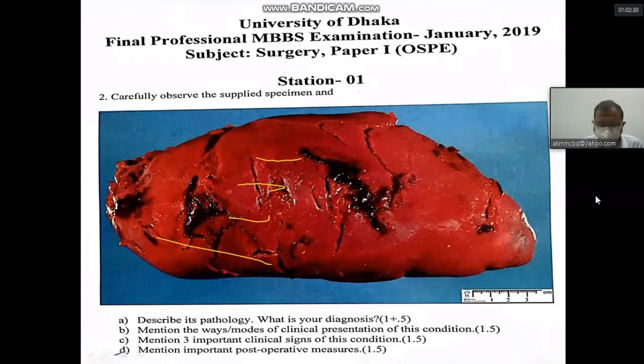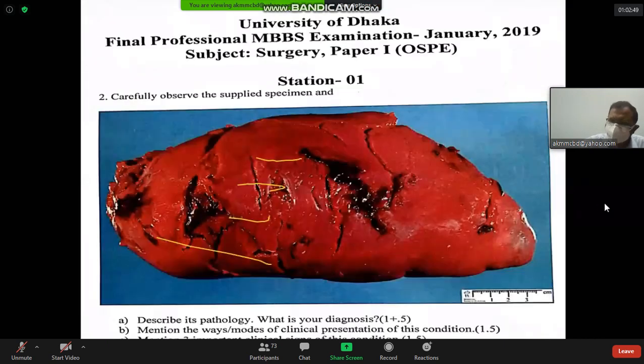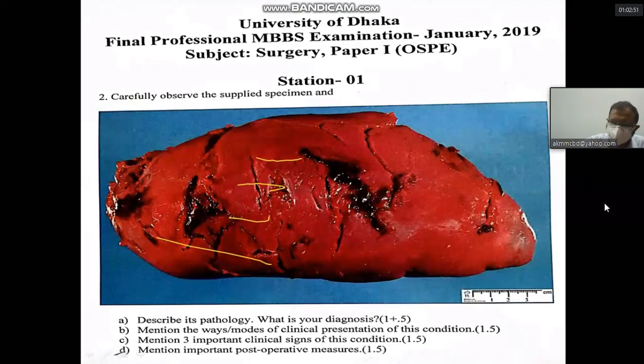Mention the ways or modes of clinical presentation of this condition. The patient will come with upper left abdominal pain.